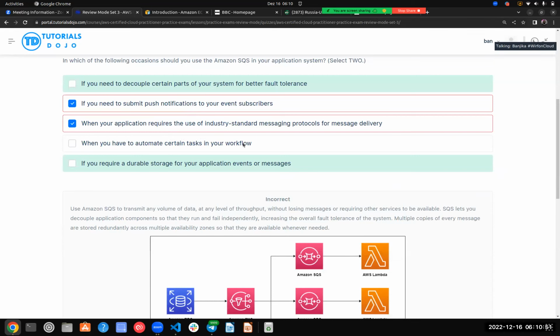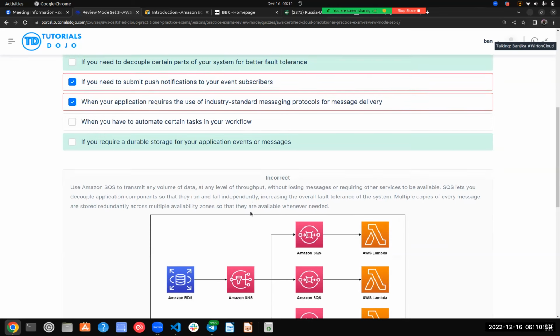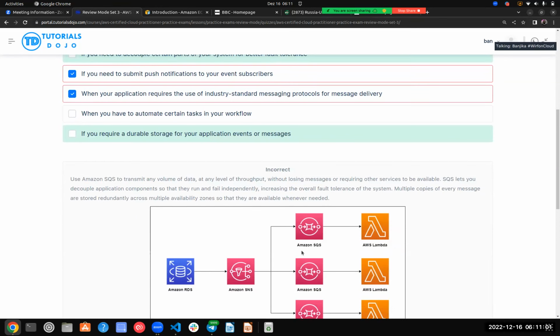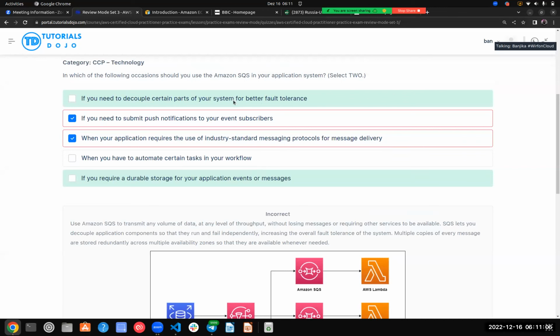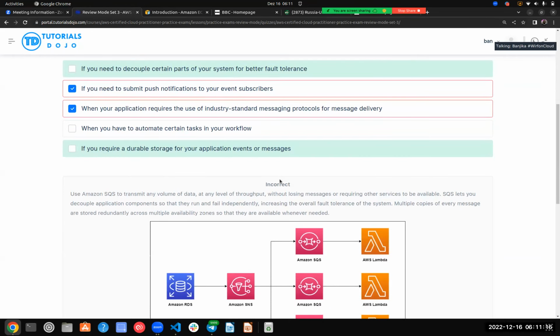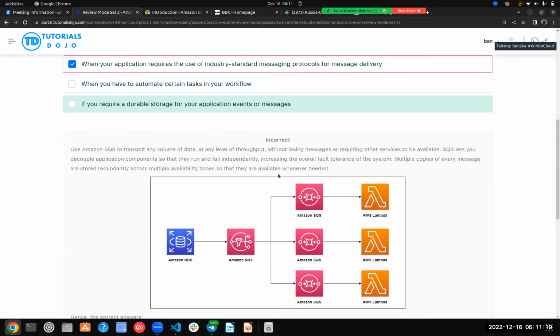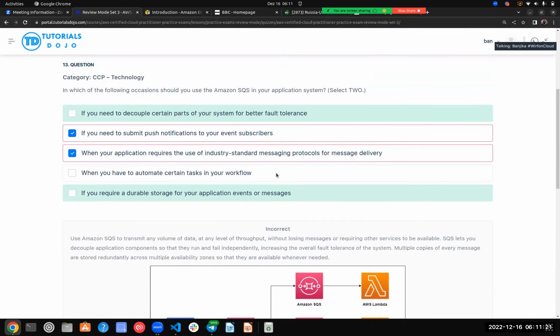You don't automate task flows with SQS, but if you need to decouple certain parts of your system for better fault tolerance, always remember that SQS is for decoupling, right? SNS and Amazon SQS are always for decoupling. And if you require durable storage for your application events or messages, SQS is also used like a buffer zone.